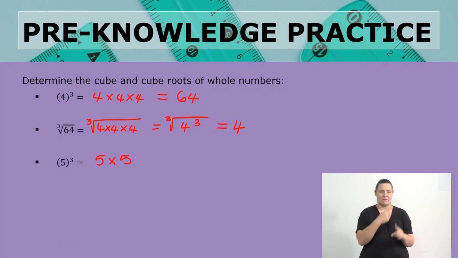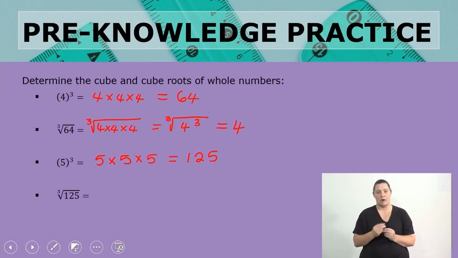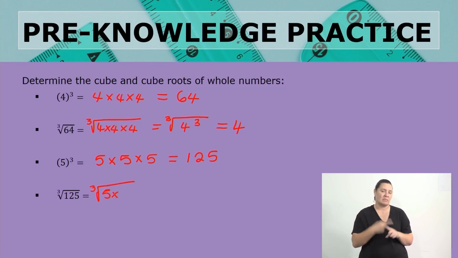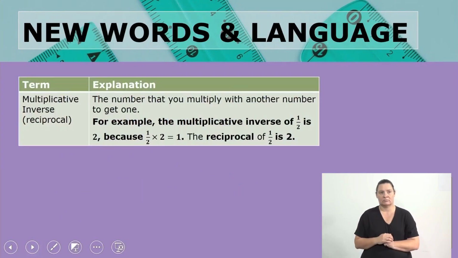That means 5 times 5 times 5, and our answer there is 125. Let's look at now the cube root of 125. We know that 125 does come from 5 times 5 times 5. And then that means the cube root of 5 cubed. And our answer there is going to be 5. So the cube root of 125 is 5.